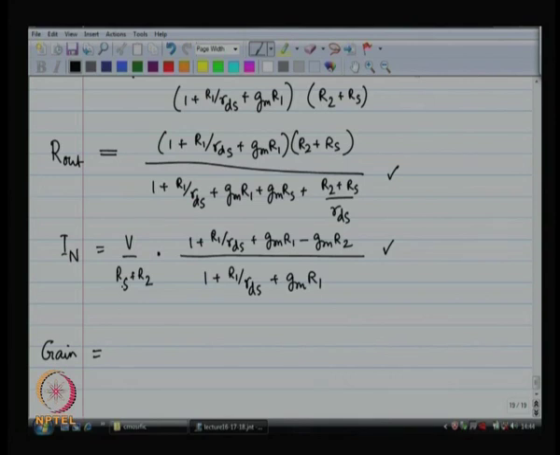So RS plus R2 cancels out, 1 plus this complicated term cancels out. All you are left with are these two terms.